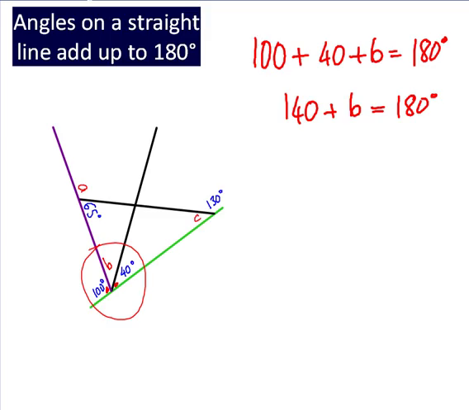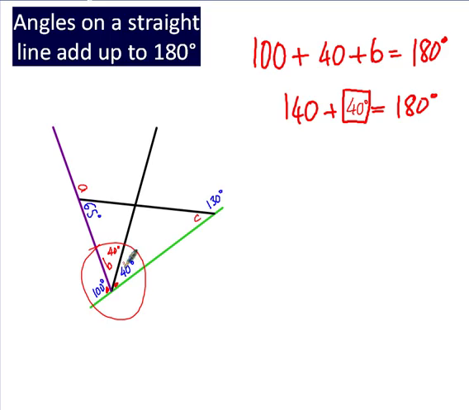Okay, if I were to think of this as just one of those questions where there's an empty box and you need to try and fill it, sometimes that helps me see the problem in a completely different way. So 140 plus something equals 180. I can do that in my head. 40 degrees. So B equals 40 degrees. It's a complete coincidence actually that these two angles are the same.